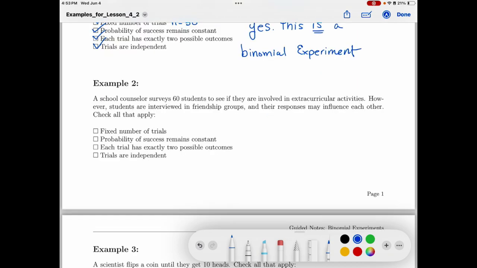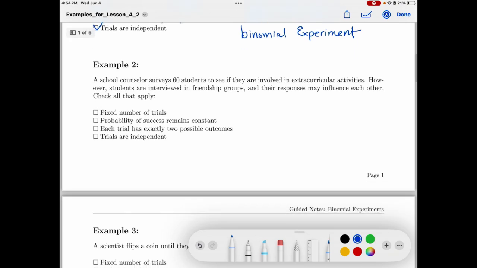Let's look at example 2. A school counselor surveys 60 students to see if they are involved in extracurricular activities. However, students are interviewed in friendship groups and their responses may influence one another. Check all that apply.